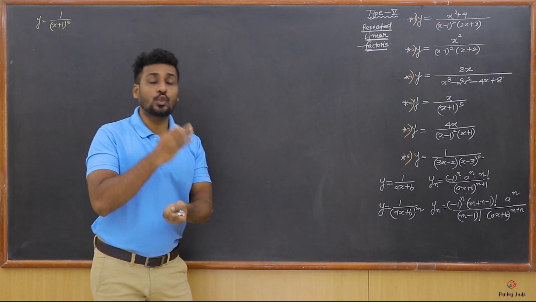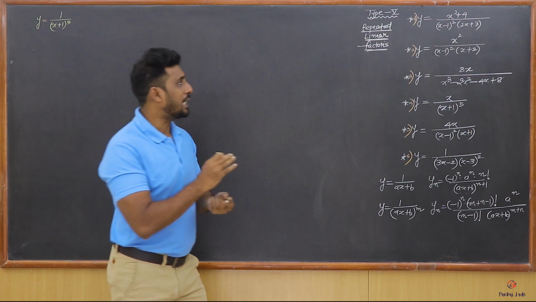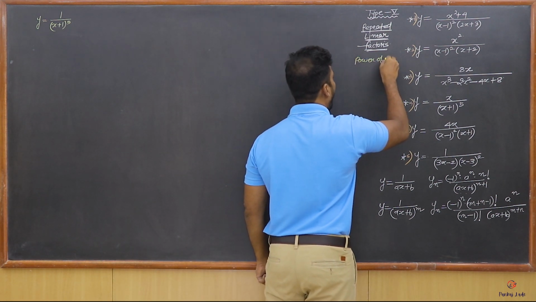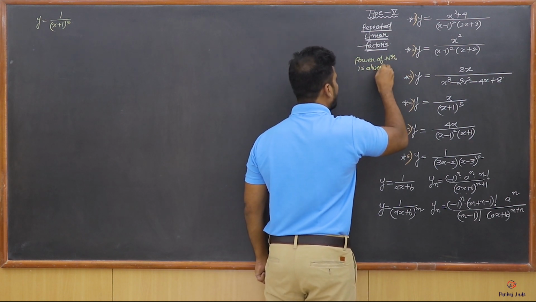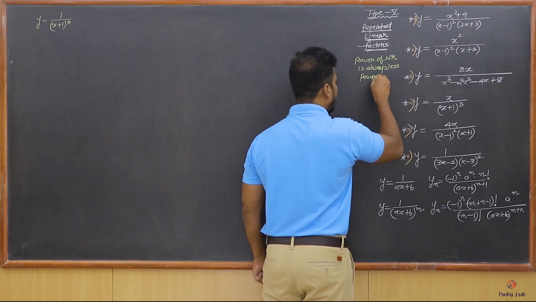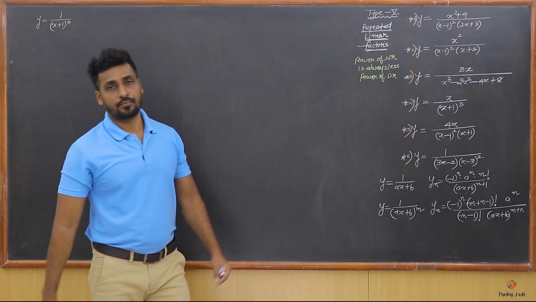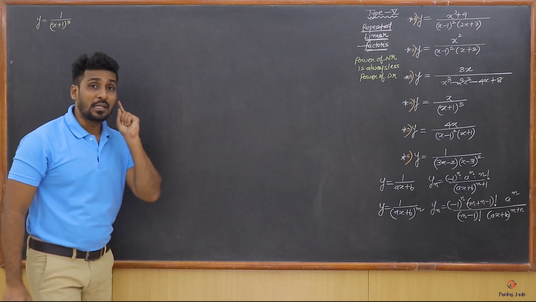This always has to be there if you want to make use of the method of partial fraction. Only then you can proceed with the concept of method of partial fraction. So make sure that this is always remembered, students.